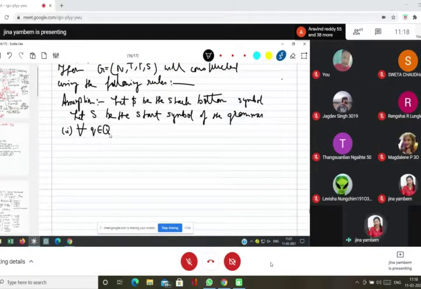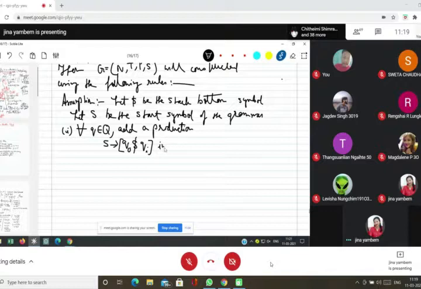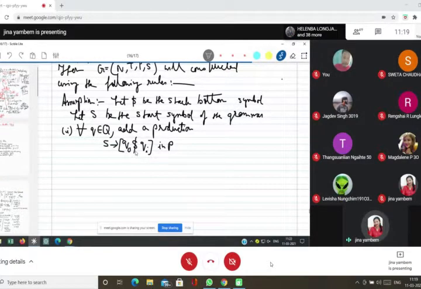Q is the set of states. Add productions S to [q naught, dollar symbol, qi] for all qi in Q. For all the states present inside this set of states, we add a production with S as a non-terminal, and then [q naught, dollar, qi].